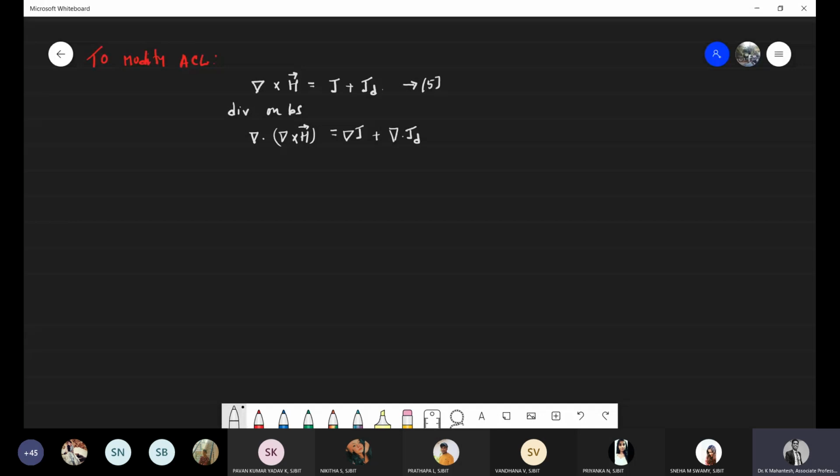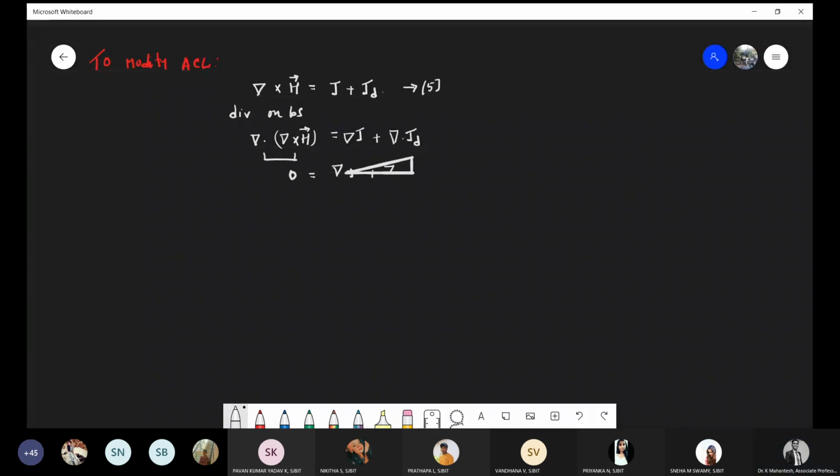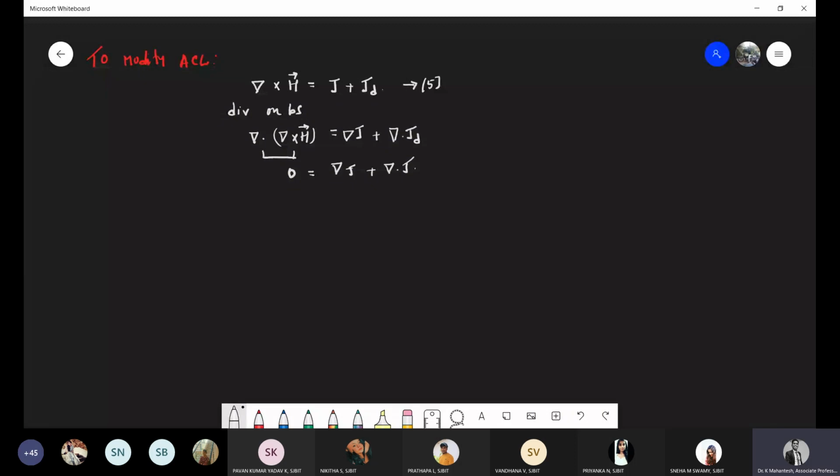Del dot of del cross H is 0, so 0 is equal to del dot J plus del dot JD. Therefore, del dot JD is equal to minus del dot J.